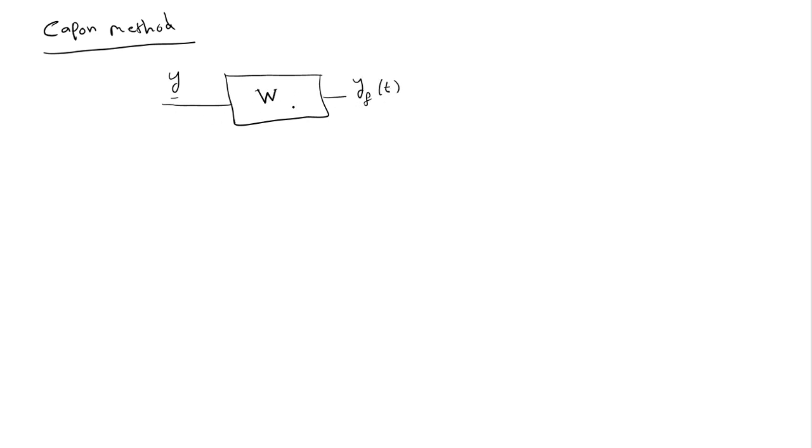The input-output relation of the FIR filter, or beamformer in context of array signal processing, is W Hermitian y. The output power, actually the power of y_f(t), is expected value of absolute value y_f(t) to the power of 2.